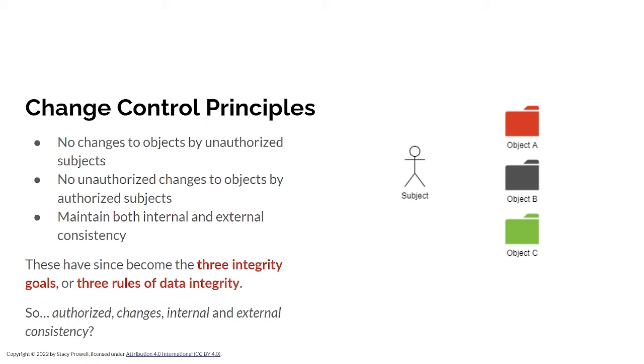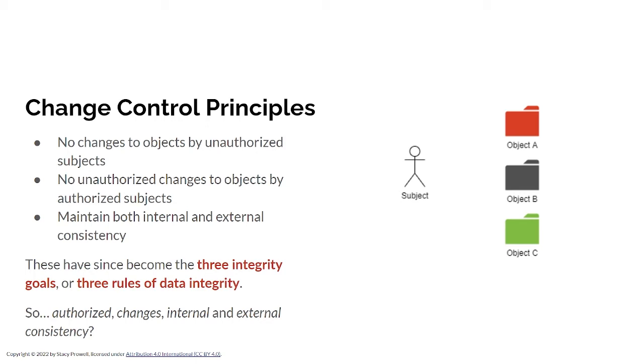That would be like writing down in the Biba model. And we want to maintain both internal and external consistency. So we're really getting at data integrity here, okay? And these are regarded as the three integrity goals or the three rules of data integrity.